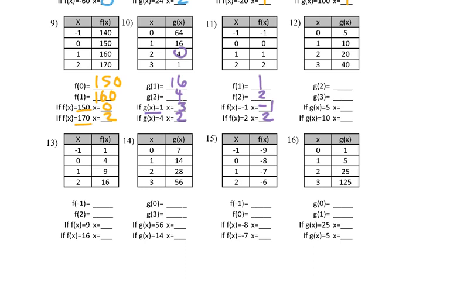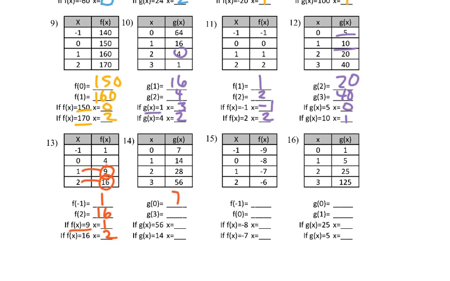12, g of 2 equals 20, g of 3 equals 40, g of x equals 5, x equals 0, g of x equals 10, x equals 1. 13, f of negative 1 is 1, f of 2 is 16, f of x equals 9 takes us back to 1, and 16 back to 2.